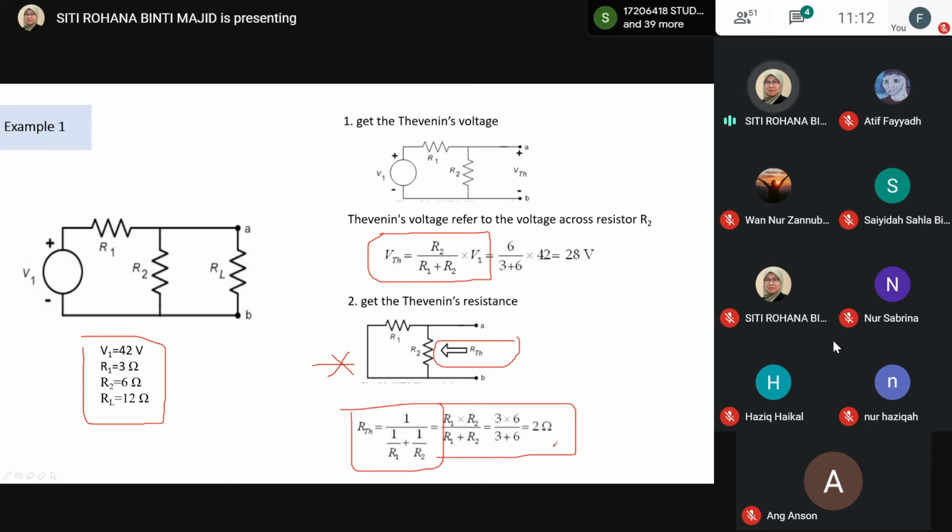So now the resistance, is it in series or not, after we remove the source from the direction of A and B?